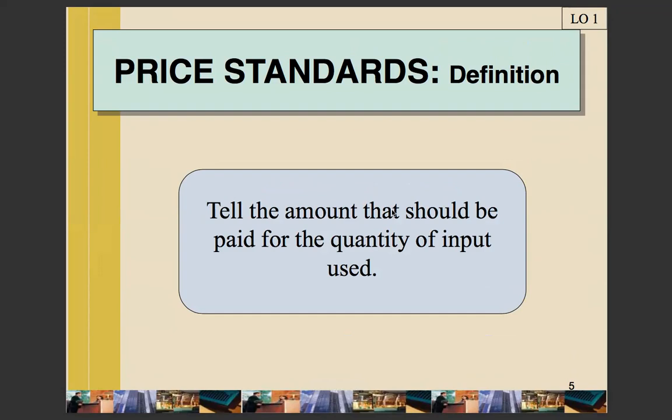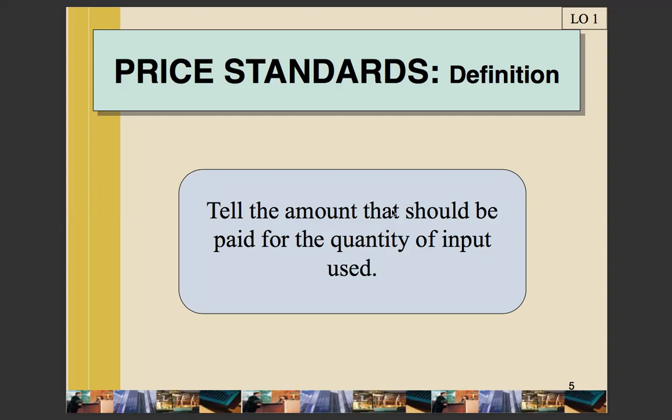Can you imagine Coca-Cola, for example, deciding to put in fructose? 5 ounces of fructose should be used for every 16 ounce bottle of cola. That is what we call the quantity standard. And the price of fructose should be around 0.05 per ounce. Now, this is the price standard.